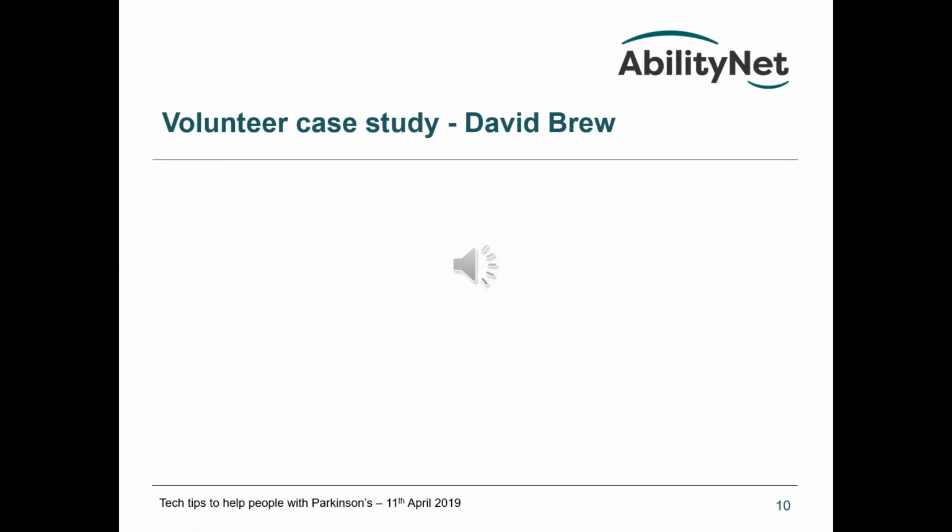One of the things that David had to do was to reassure her that there was technology out there that could enable Dorothy to use her computer. And one of the things we looked at was voice recognition. David looked at a package called Dragon Naturally Speaking. It's actually called Nuance Naturally Speaking, but a lot of people still call it Dragon.